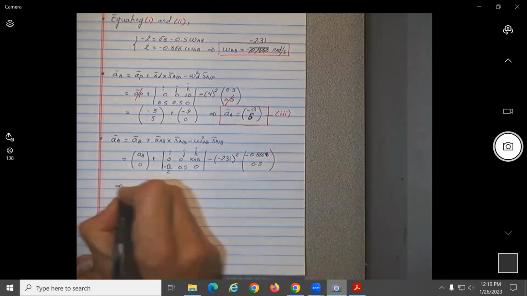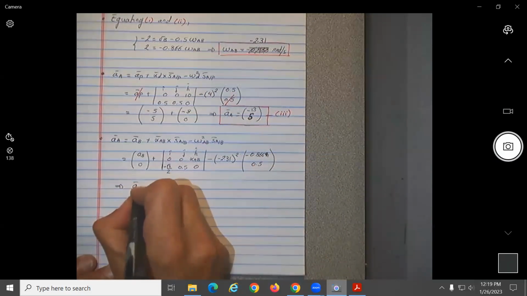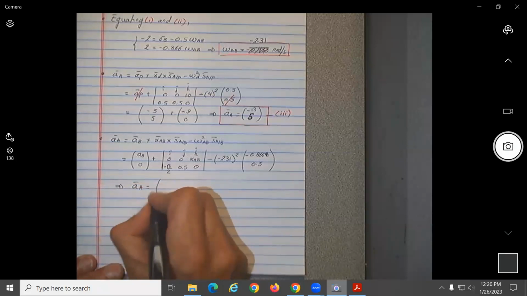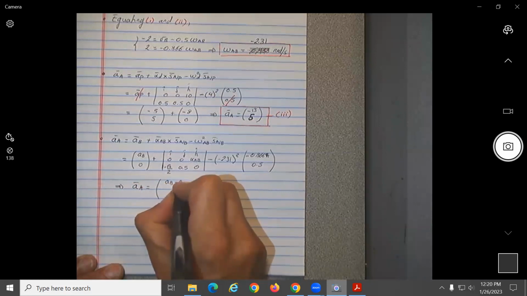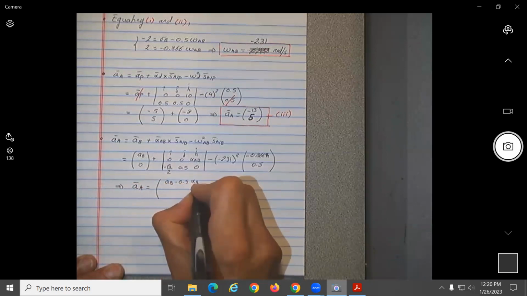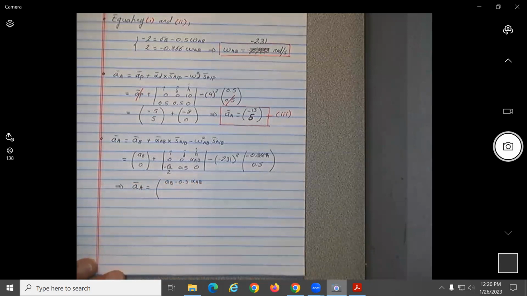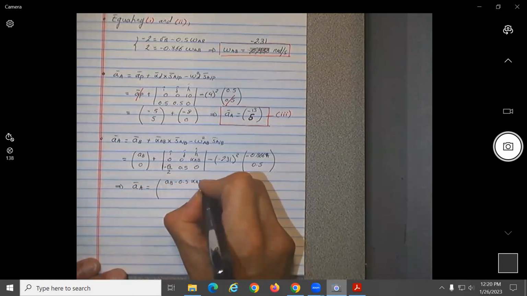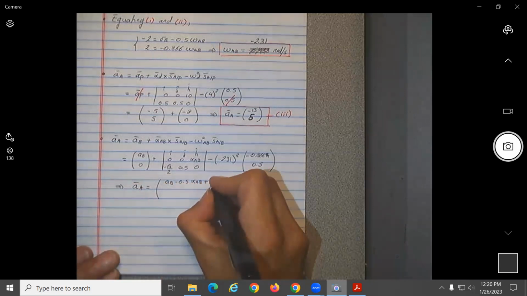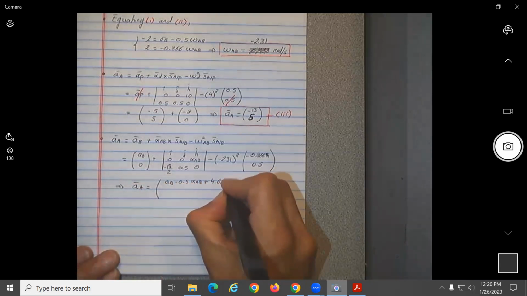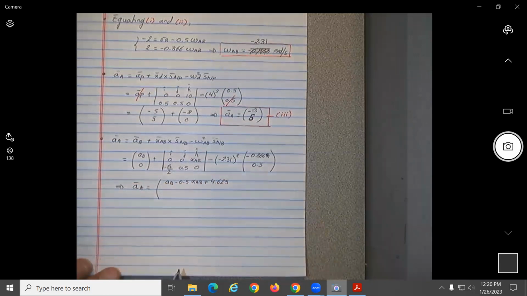So this will give the acceleration of A equal to A sub B minus 0.5 alpha AB. Can somebody give me that value here? 2.31 squared times 0.8667 or 66. 4.625. Okay, we know it's positive.